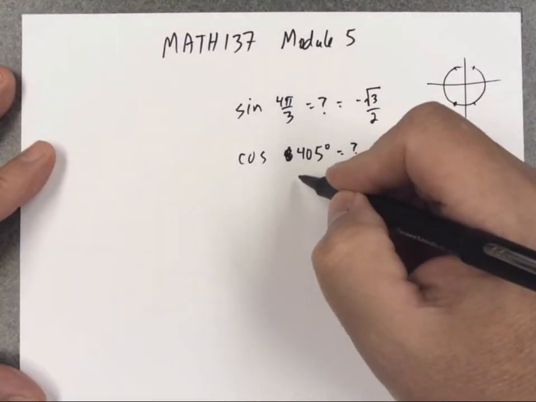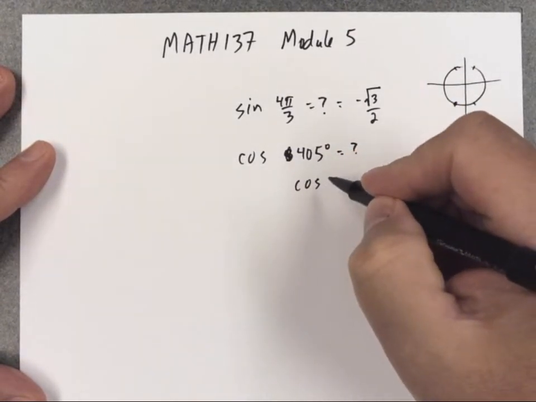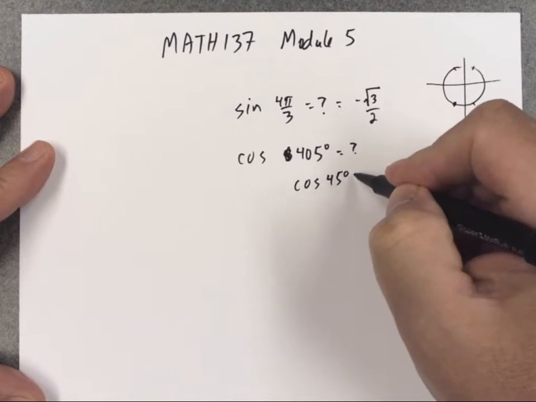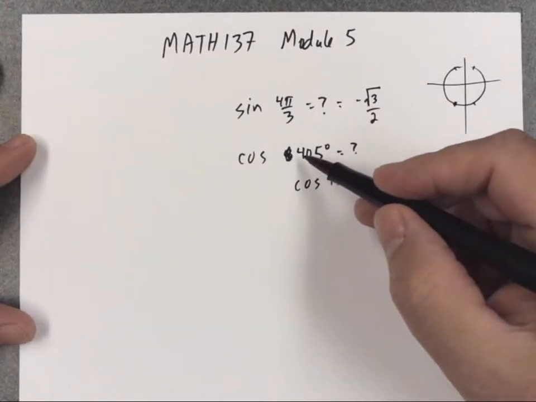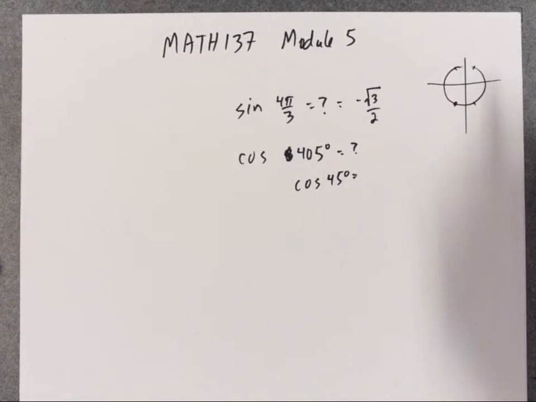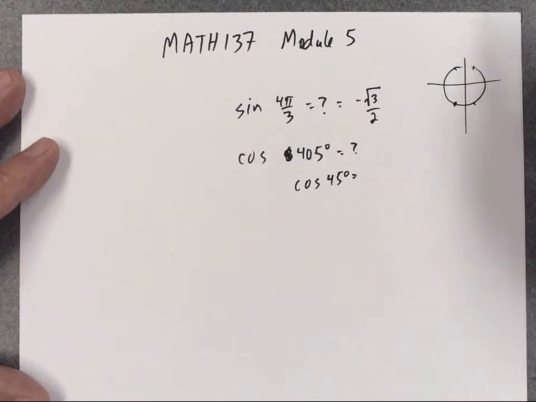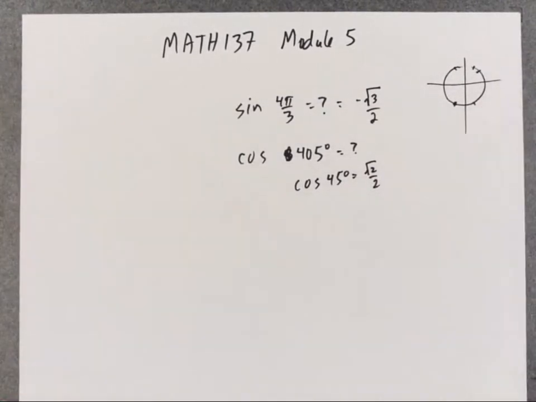So really, if I take 405 minus 360, this becomes a problem of what's the cosine of 45 degrees. 405 degrees and 45 degrees are coterminal angles. It's really the same angle. So now unit circle, I realize 45 degrees is right here, and I'm looking for the value of x, and I remember it's square root of 2 over 2.